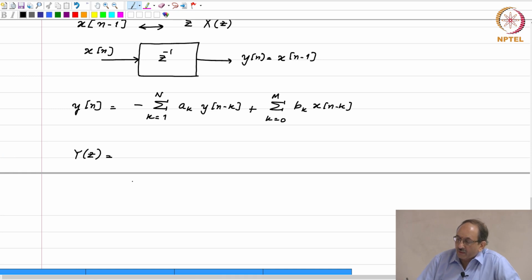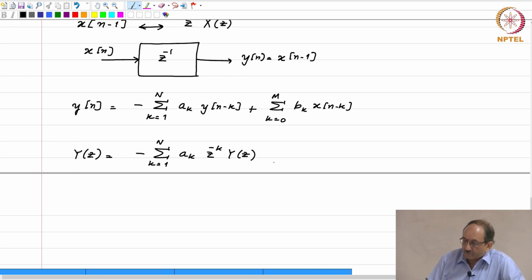So, now if you transform it to the z domain, this becomes a k, y of n minus k is nothing but z to the minus k y of z, and this is k going from 0 to capital M b k z to the minus k x of z.